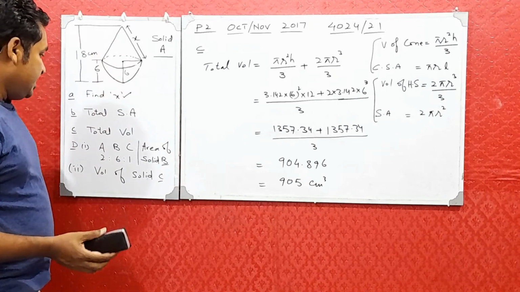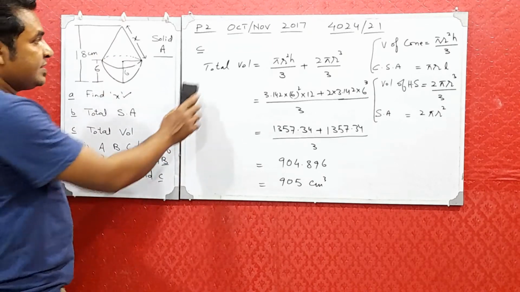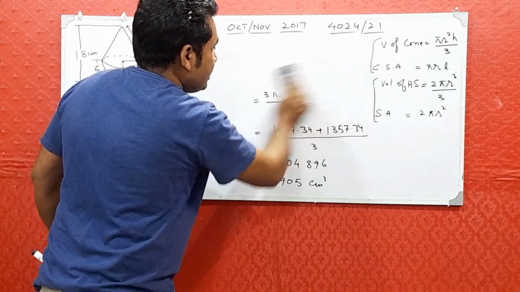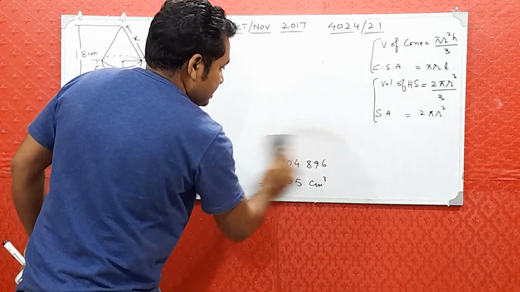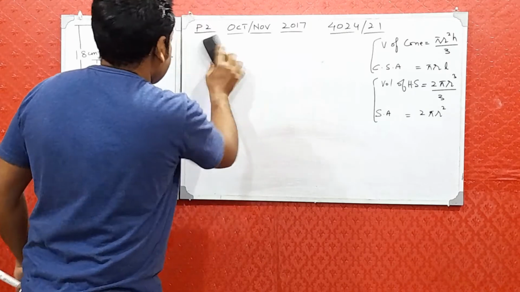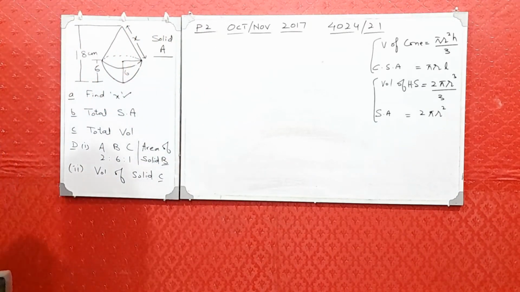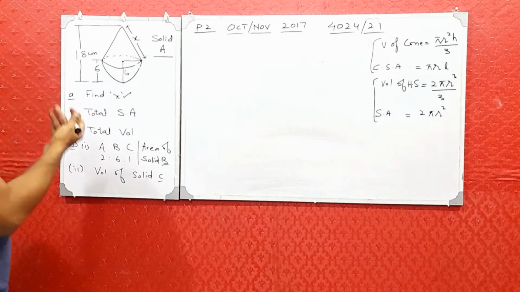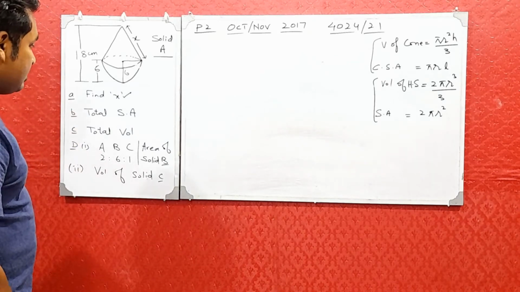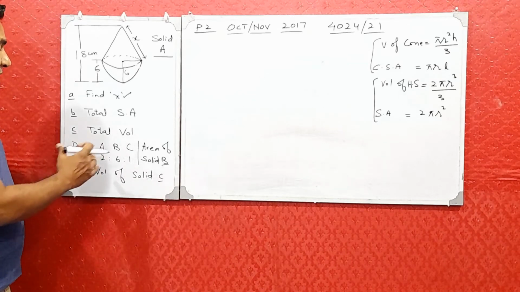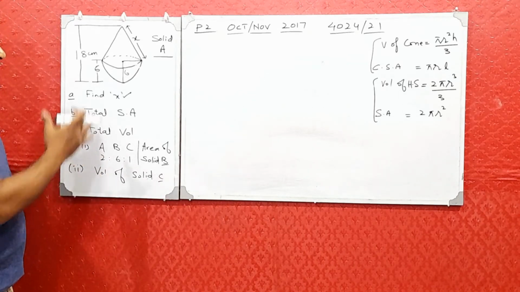In part number D, they have asked two further parts. I have not written the full question, but I know what it is about. They told that there are 3 similar solids.